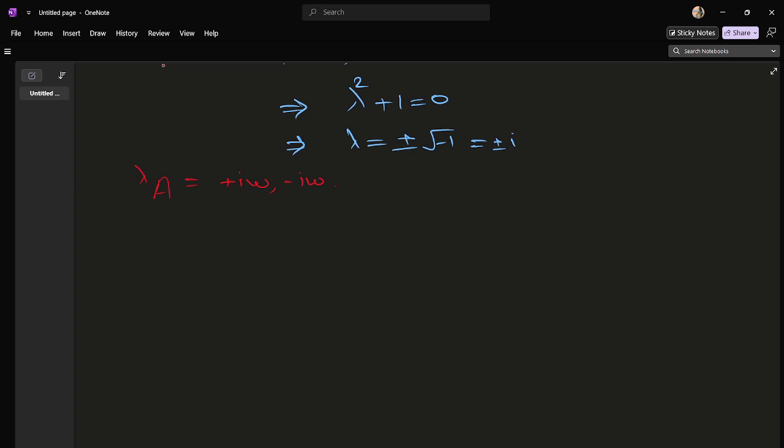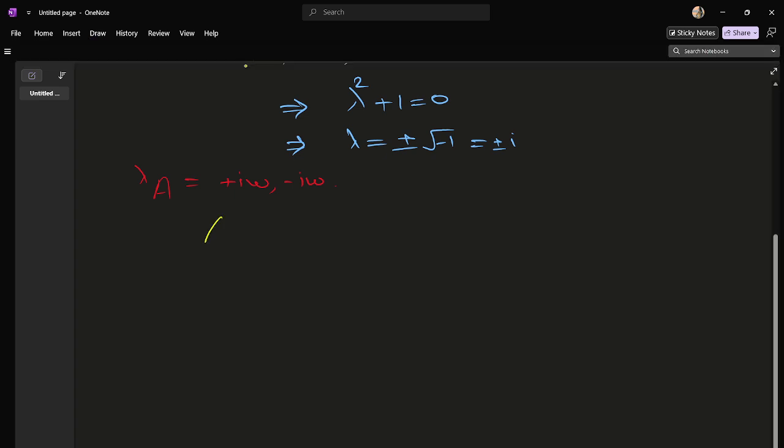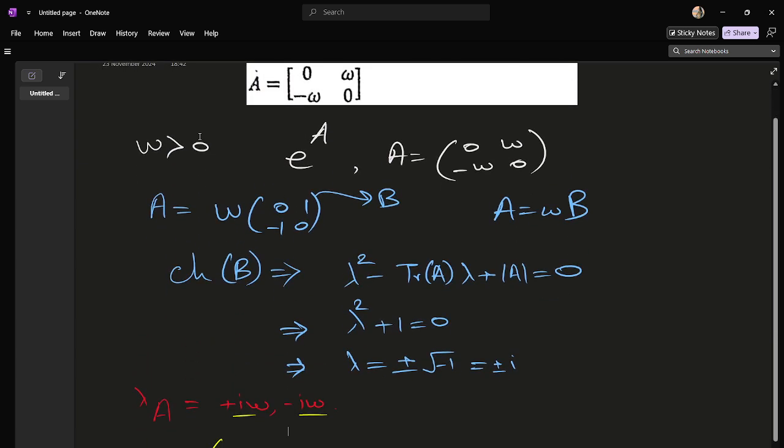Now firstly we have to find the eigenvectors of A. Eigenvalues are these, so we have to find the eigenvectors.